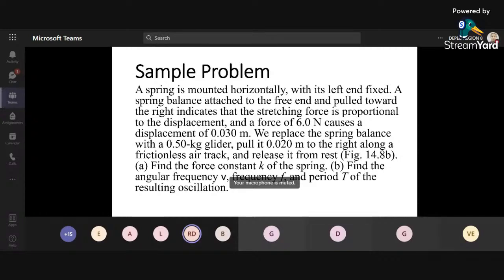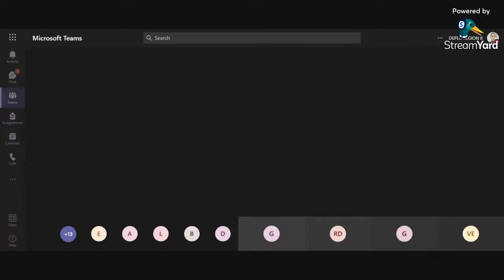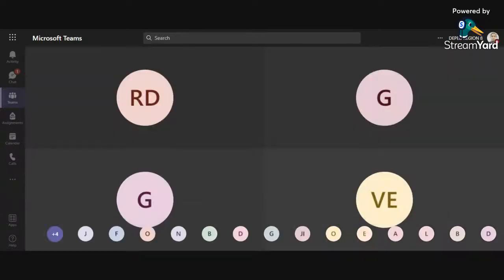Okay, spring constant. So unsay equation sa spring constant?